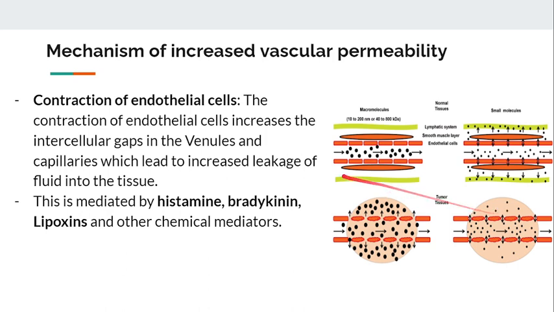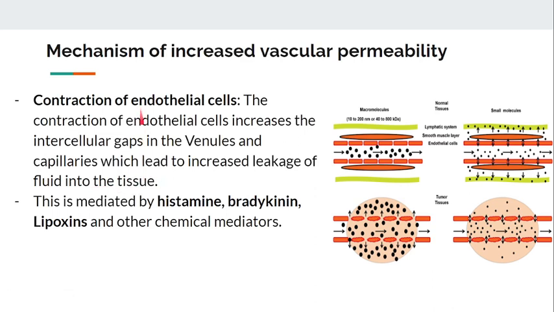So under contraction of endothelial cells, the contraction increases the intercellular gaps in the venules and capillaries, which leads to increased leakage of fluid into the tissue. We want fluid, we also want cells.